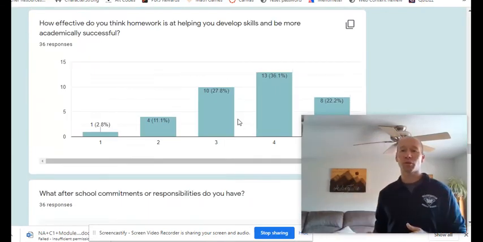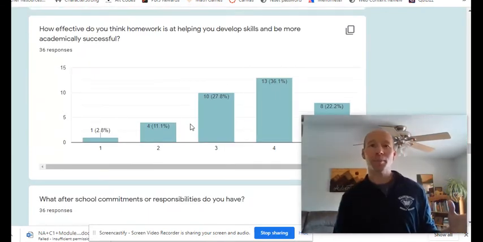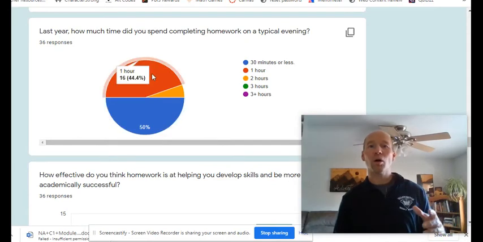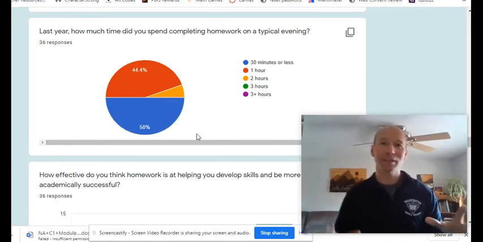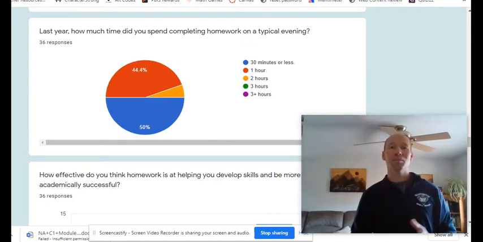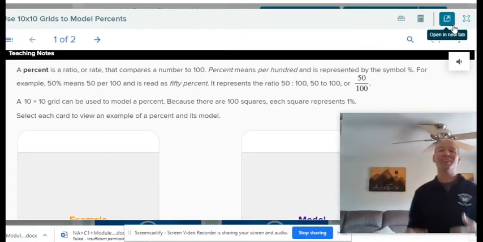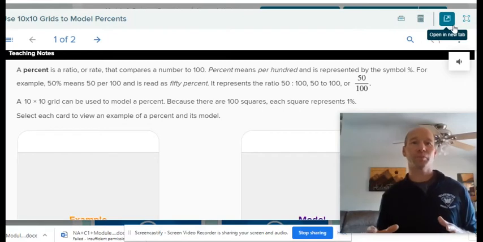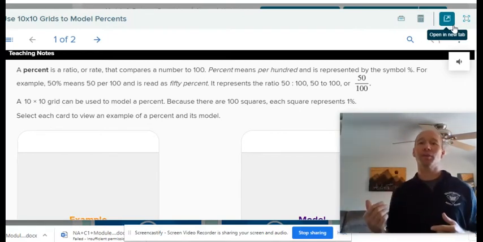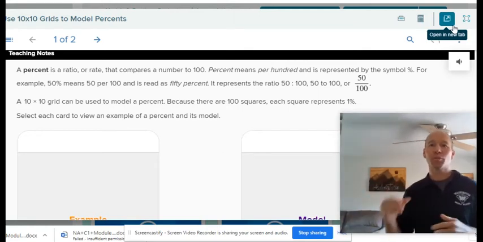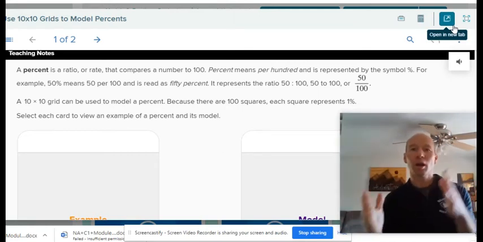But here's my question for you. We've been talking about percents. We have all these numbers and percents, but what does percent mean? What does that even mean? A percent is a ratio. It's a rate, another word, ratio or rate that compares a number to 100. So percent means per 100.